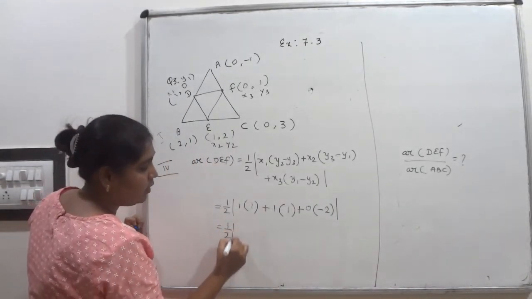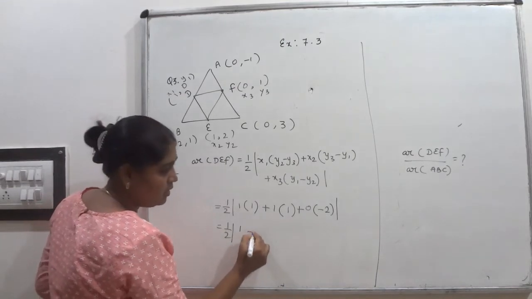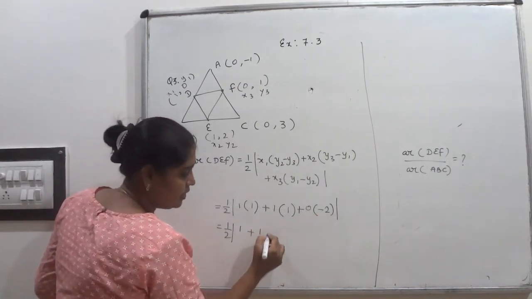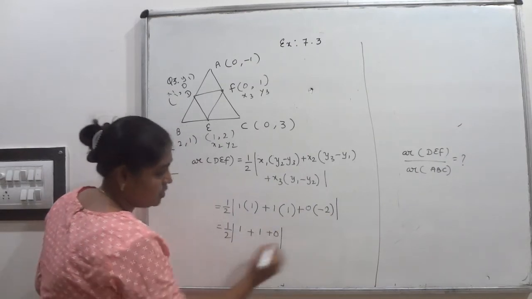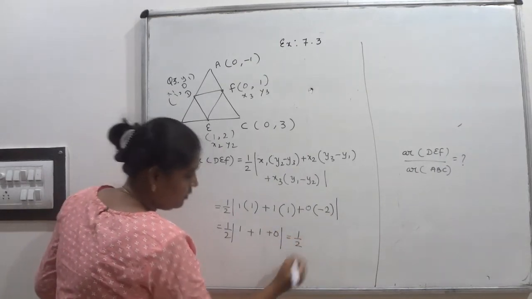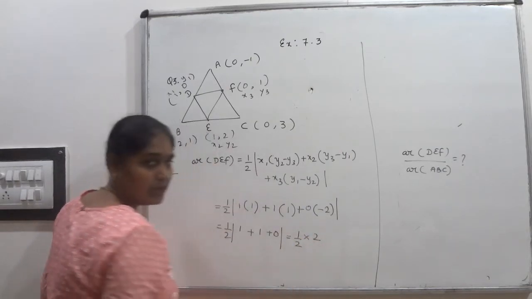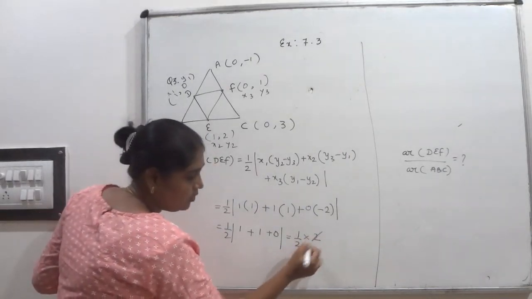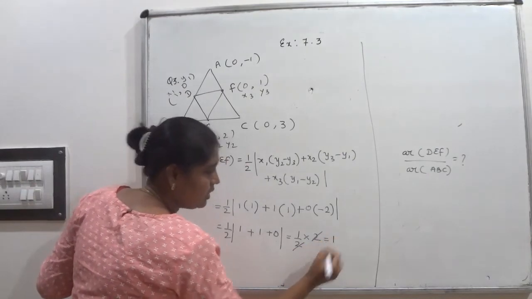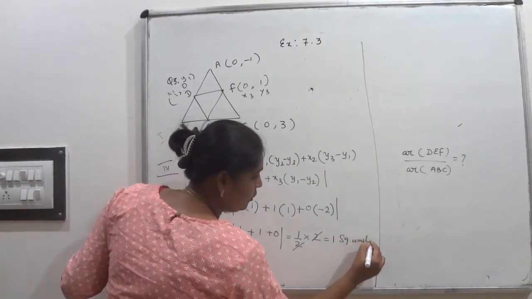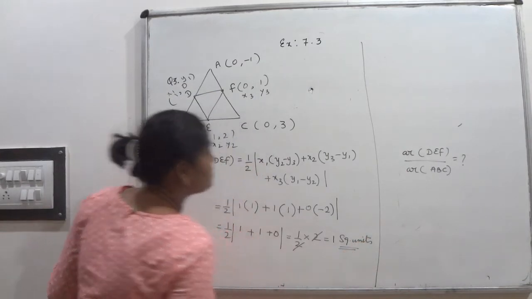Half. 1 into 1, that is plus 1. Again 1 into 1, that is plus 1. 0 into minus 2 gives 0. So half into 2, 2 and 2 cancel. So the area you got is 1 square unit. Don't forget to write square units.